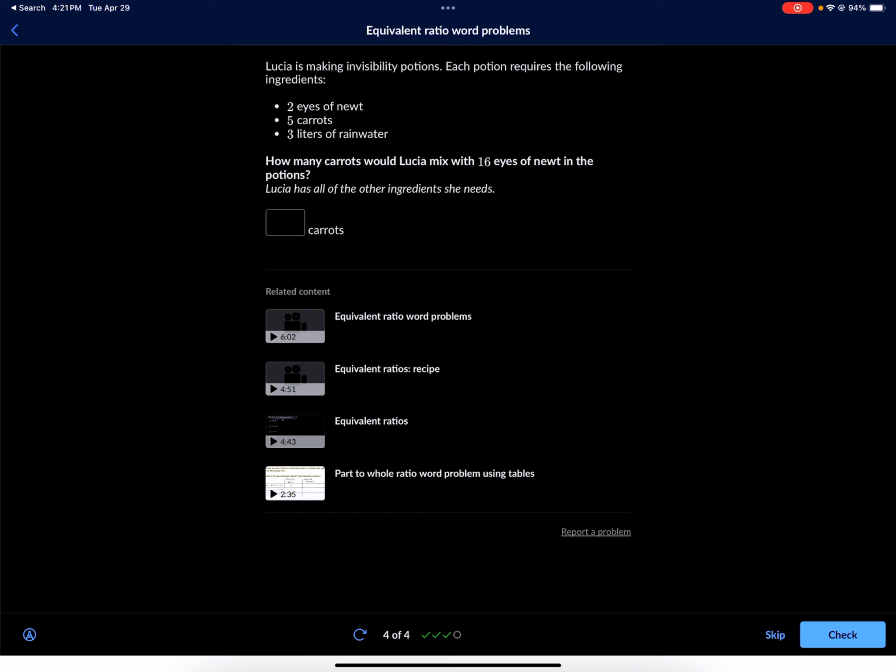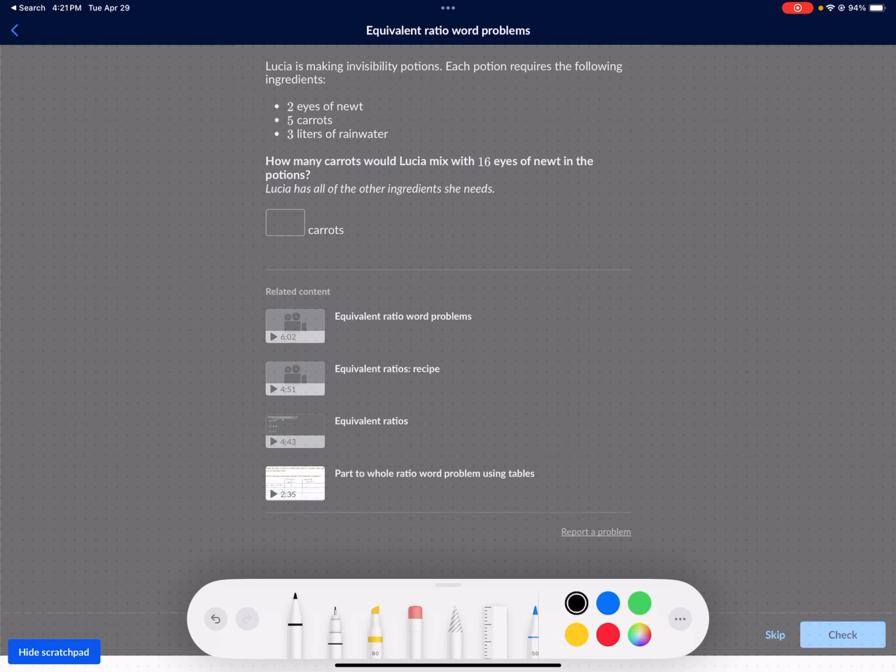So we have carrots to 16 eyes of newt. No. We have 2 over 5. We want to get 16 eyes of newt. So we want the amount of carrots. So do we have a number where 2 times something can get 16? We do. 2 times 8 is equal to 16.